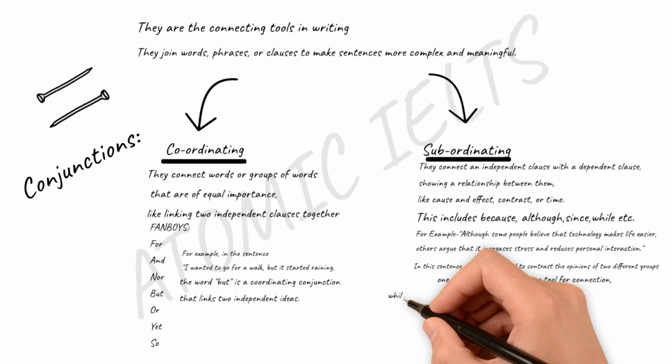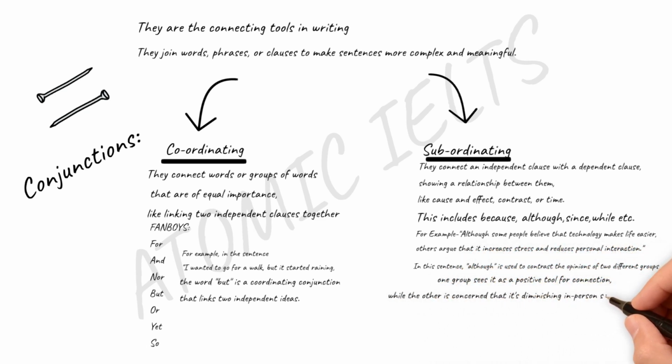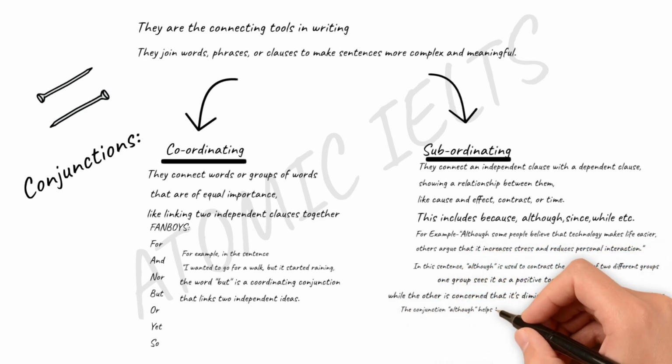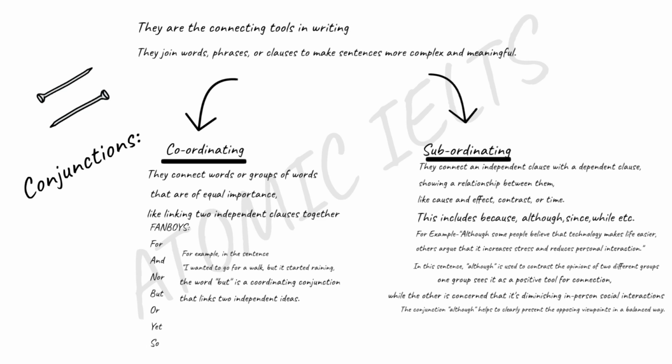Now we come to subordinating conjunctions. They connect an independent clause with a dependent clause, showing a relationship between them, like cause and effect, contrast, or time. This includes because, although, since, while, etc. For example, "Although some people believe that technology makes life easier, others argue that it increases stress and reduces personal interaction."